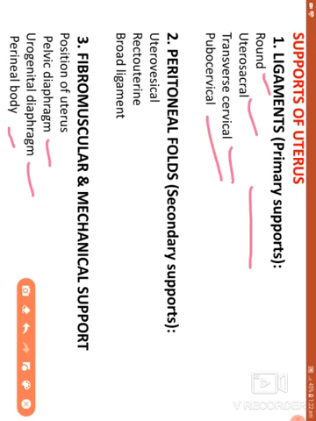Then the secondary supports are peritoneal folds: the uterovesical fold, rectouterine fold and the broad ligament.